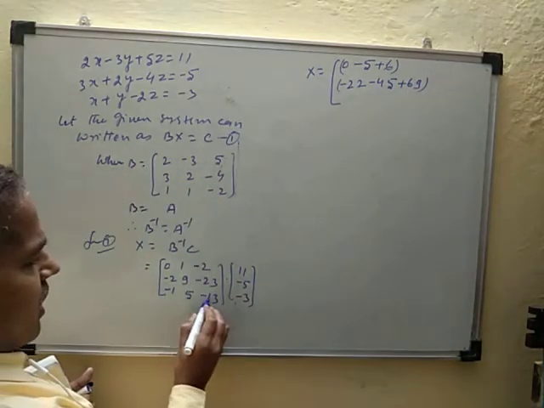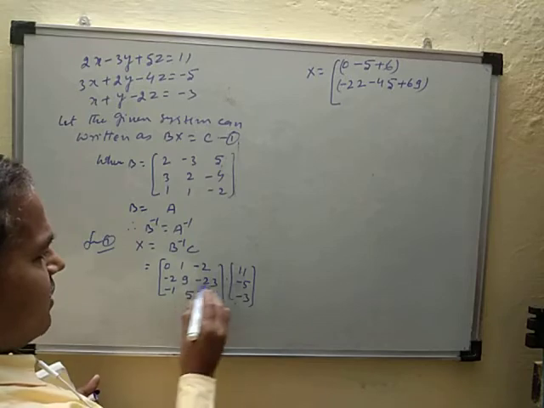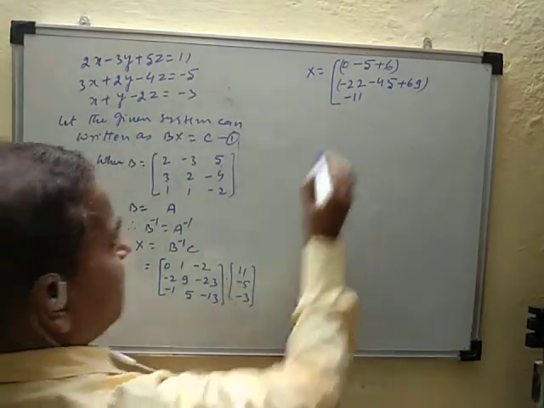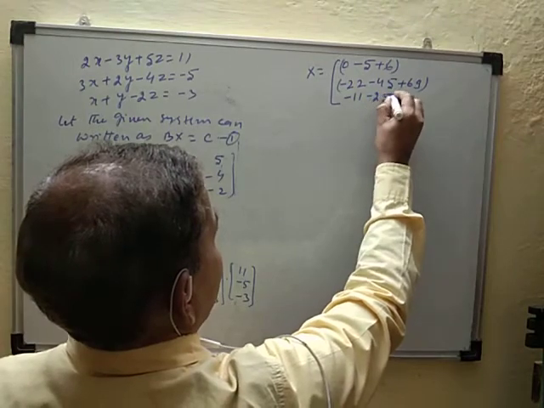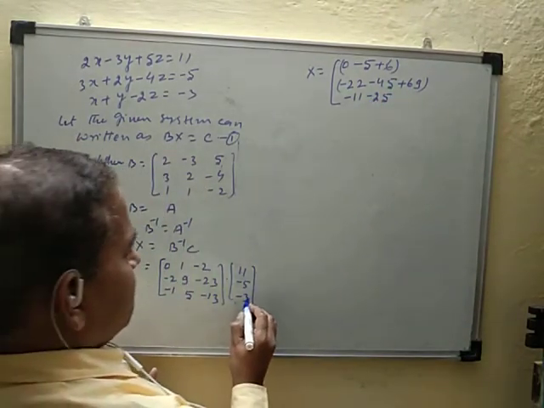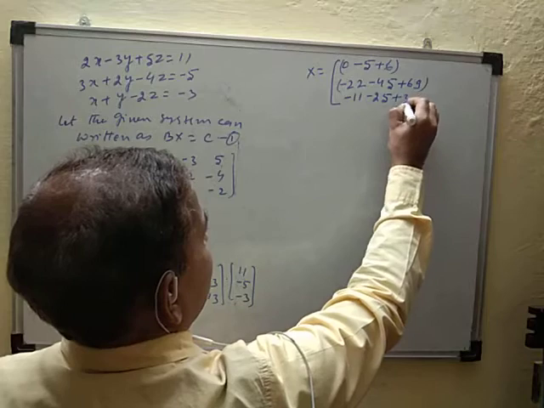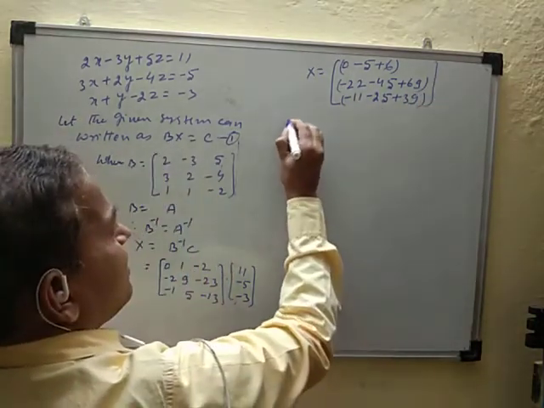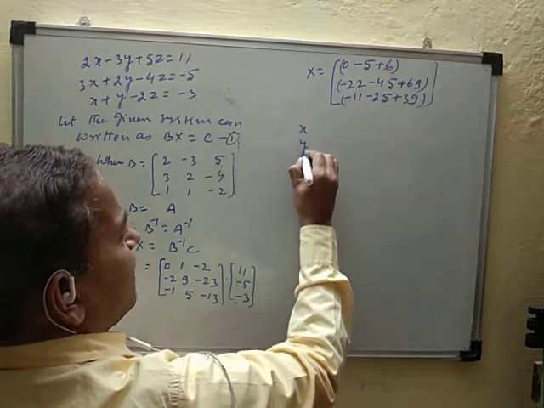Third R3 C1. Minus 1 into 11 is minus 11, 5 into minus 5 is minus 25, minus 13 into minus 3 is 39.